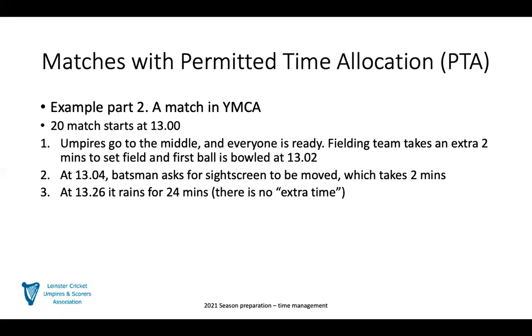So have a think, at 4 minutes per over, you've lost 24 minutes off the match. How many overs would the innings be reduced by? I'll give you 30 seconds or so just to have a think about that one. 3 overs each. 6 by 4.